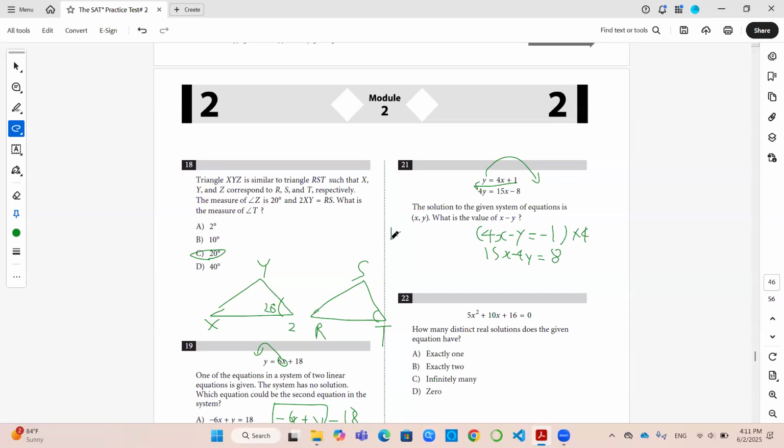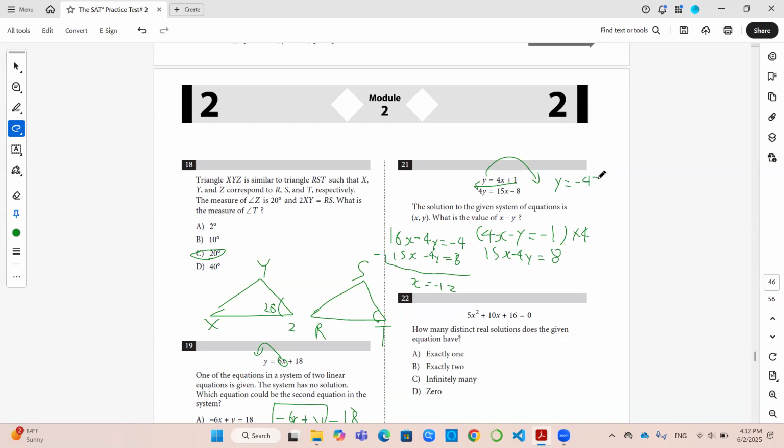So it becomes 16x minus 4y is equal to minus 4, and 15x minus 4y is equal to 8. So I'm going to subtract this. So x is minus 12. And if I put the minus 12 inside here, then y becomes 4 times minus 12, so that's minus 48 plus 1.